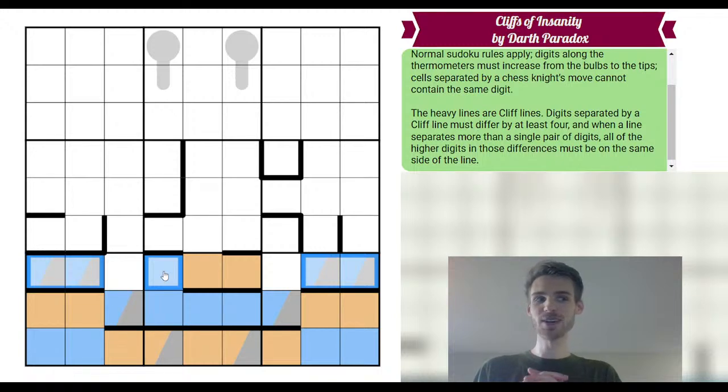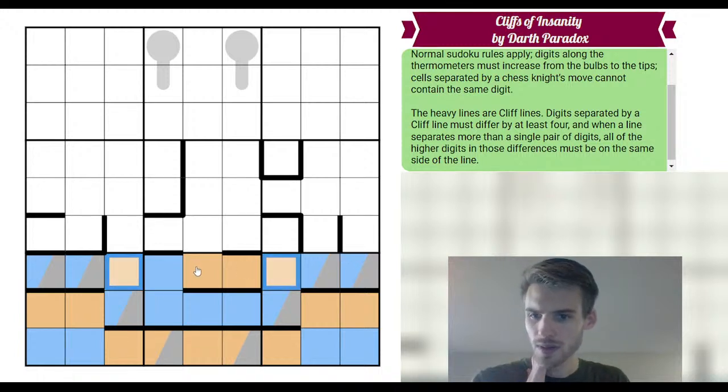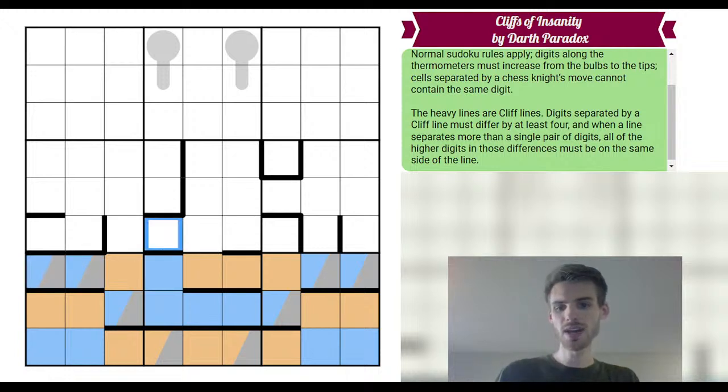But same point as Sam's point. In box 8, there were 5 oranges or grays, so one of these two had to be gray. So these couldn't be gray. Now, in this row, we now have 5 blue grays, so these two must be orange, because one of these will be gray. So this one has to be orange or gray. This one has to be blue or gray.